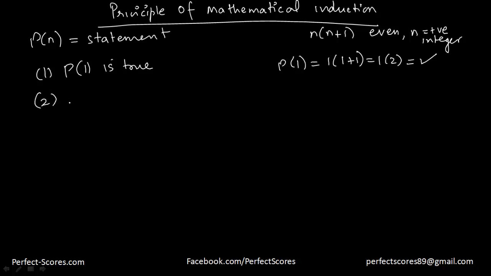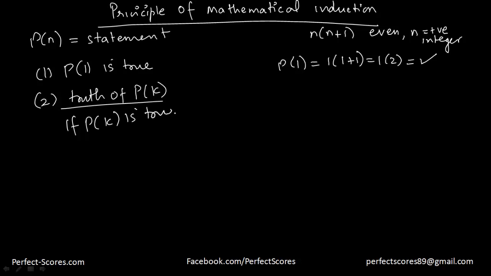The second restriction that should be followed is that the truth of P of k, that means if P of k is true, will automatically imply that P of k plus 1 will be true, and that is by the principle of mathematical induction.